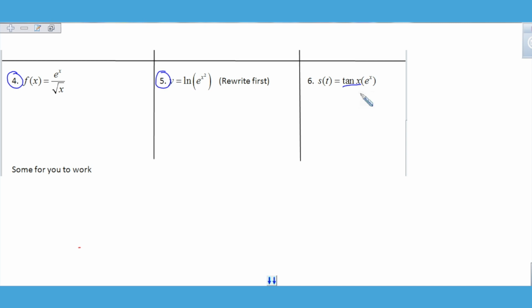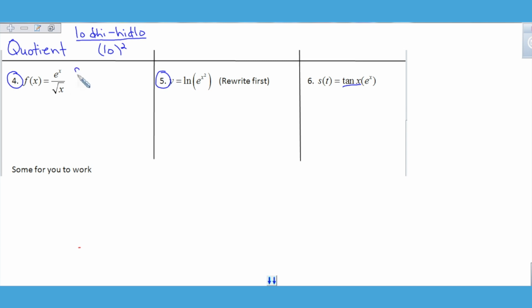Okay, so let's look at 4. These aren't being multiplied, they're being divided. I must use the quotient rule. The answer to a division problem is a quotient rule, and that is low d high minus high d low over low squared.